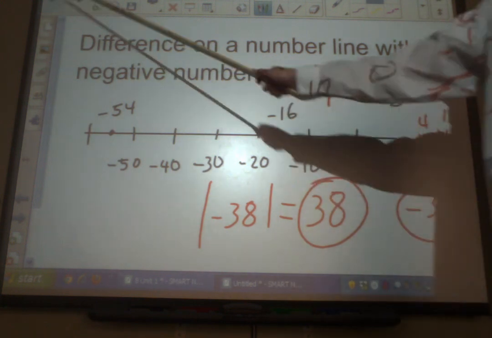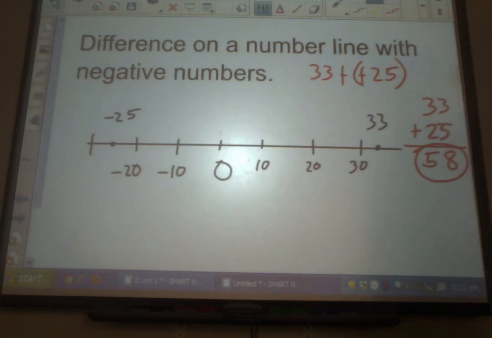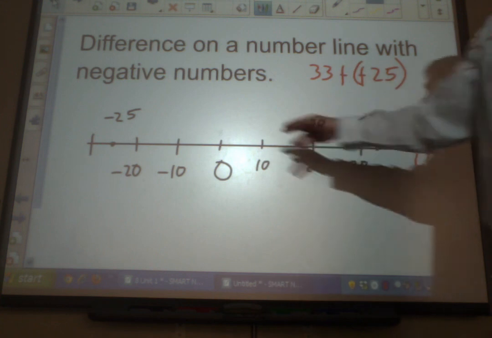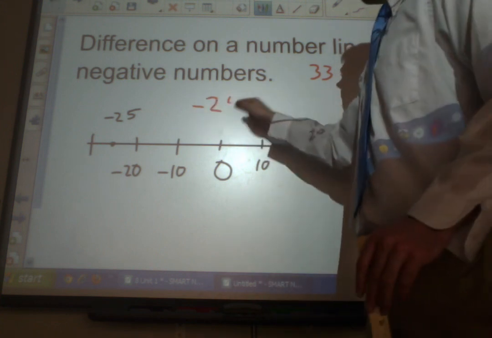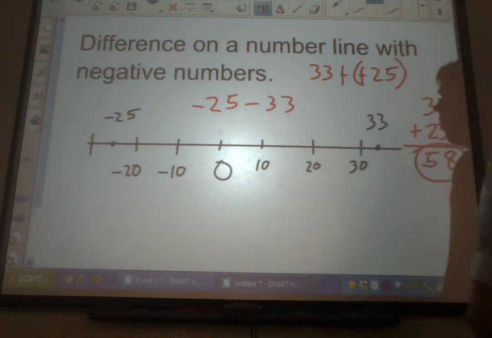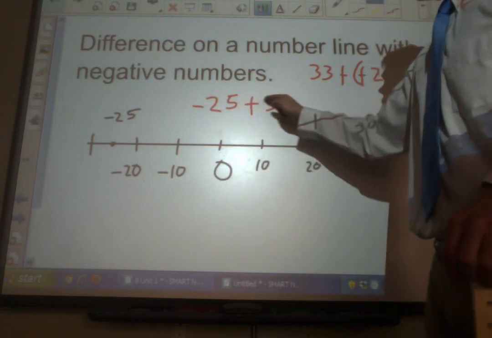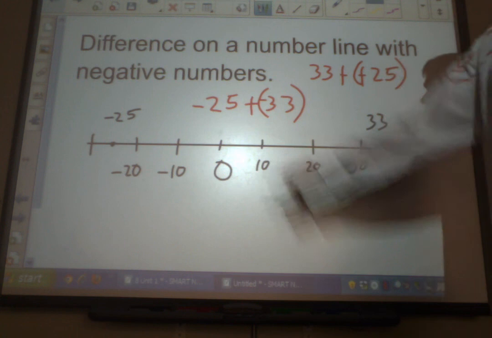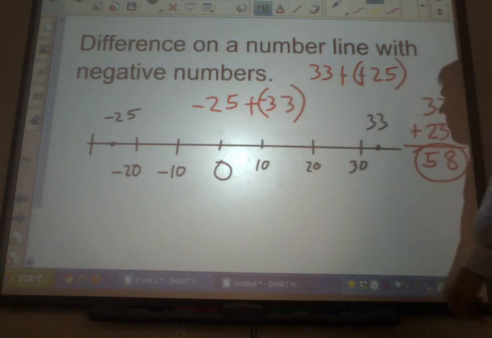If we go back and look at some of our past examples, it's going to work the same way no matter what. This one was 58. If we took the absolute value of it, it's still 58 because it's positive, right? What if we had flipped these numbers? What if we had done negative 25 minus 33? Well, then we'd have to keep, change, change. Now we're adding 2 negative numbers together.